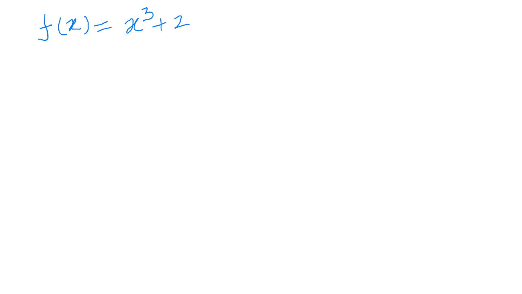So number one step, write f(x) is y. This is number one, and this equals x power 3 plus 2. Okay? What I did: first step, write f(x) as y.